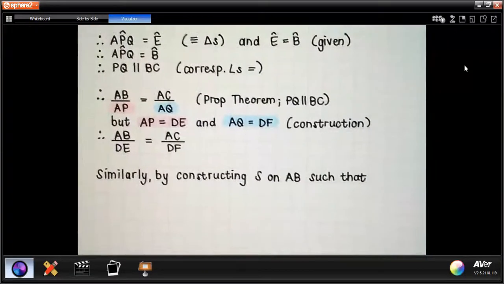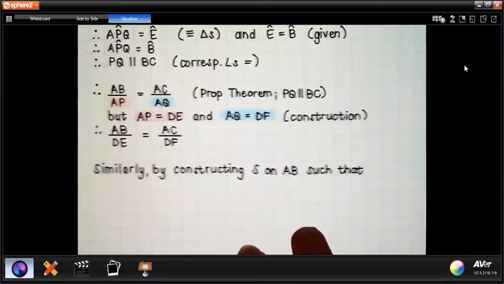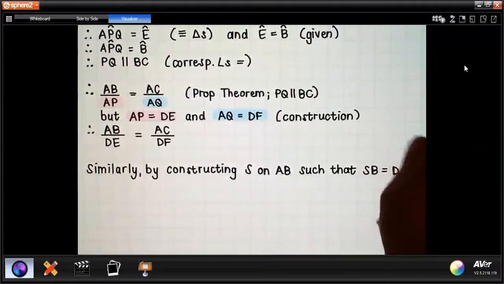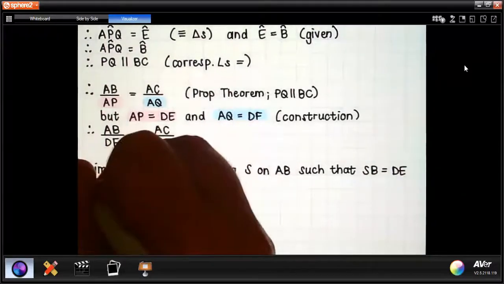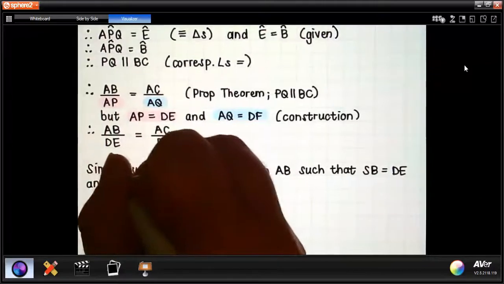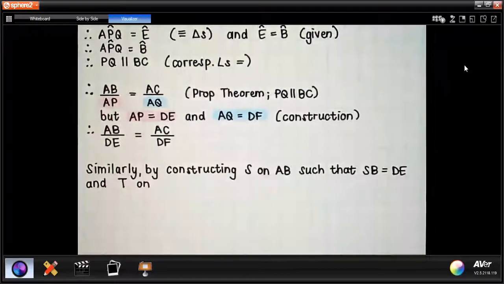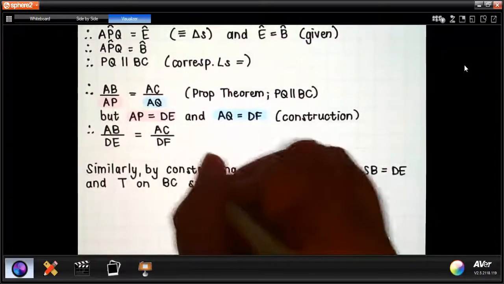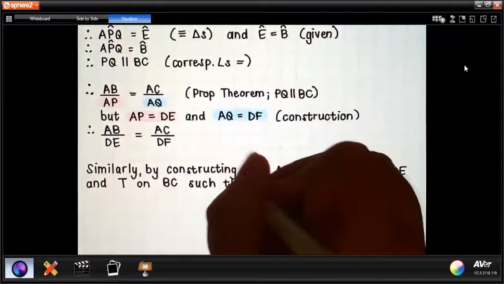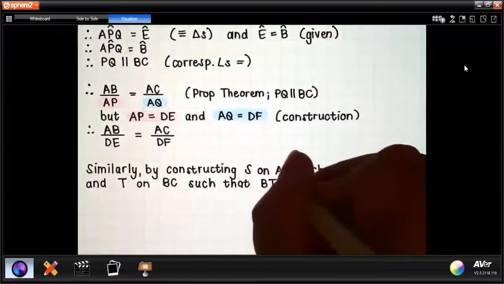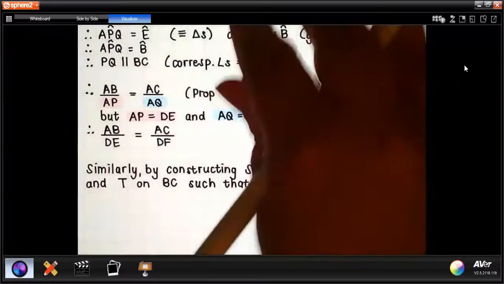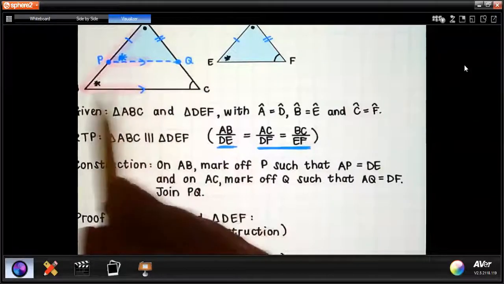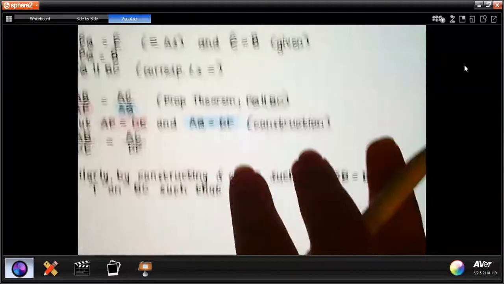Similarly by constructing S on AB such that, move this across a bit, SB is equal to DE and T on, because that other side, the bottom side, was BC, such that BT is equal to, let's just double check. I want to have point T over here somewhere so that BT would be equal to that side there, so EF.